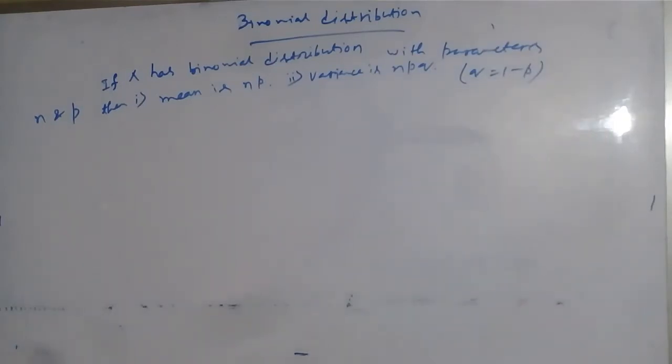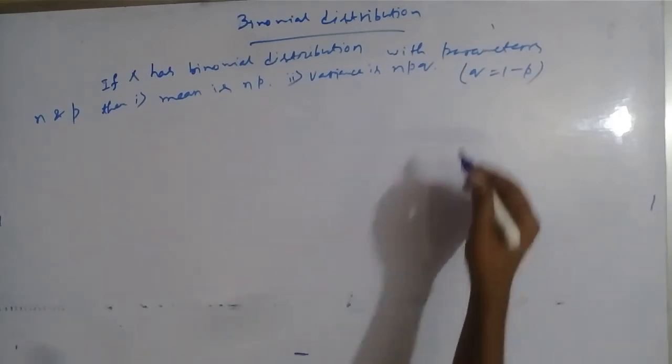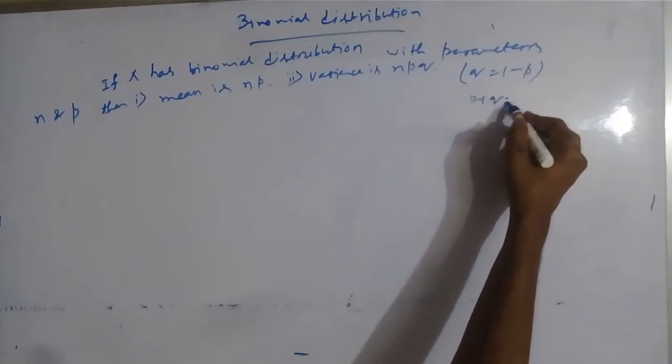I missed telling you that in the distribution function of binomial distribution, p has been used. p denotes the probability of success and q denotes the probability of failure. So obviously p plus q equal to 1.